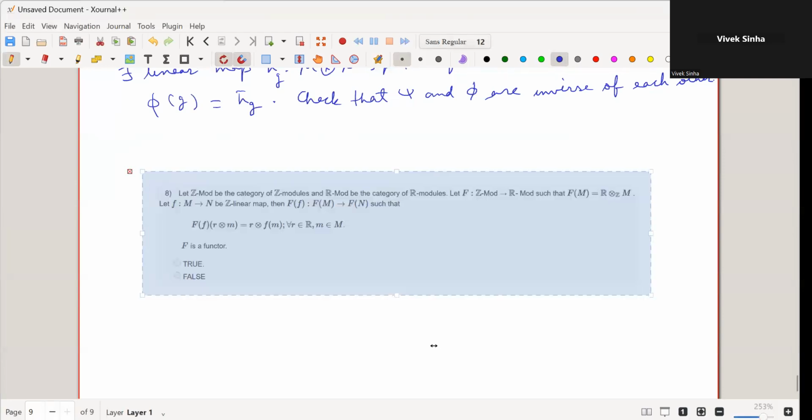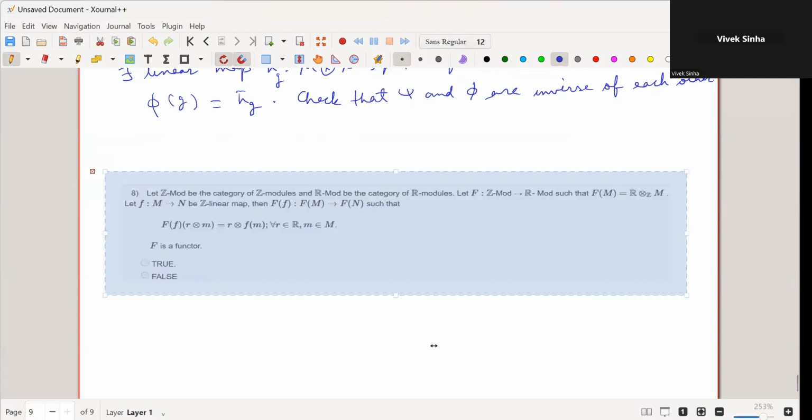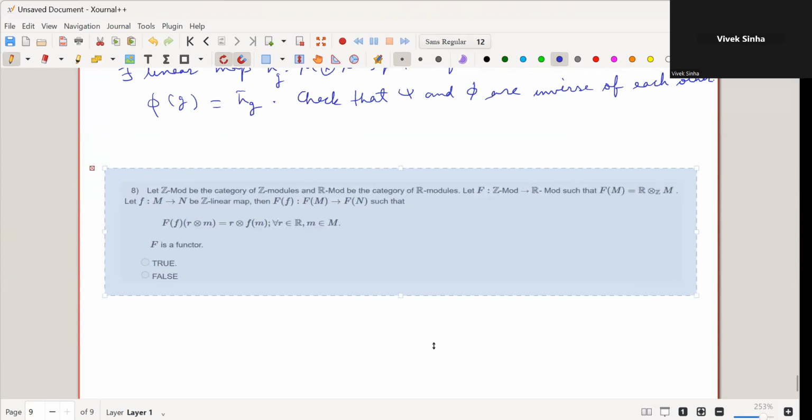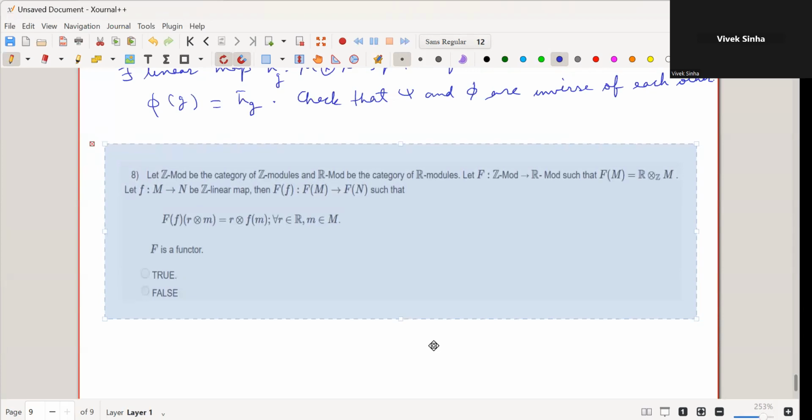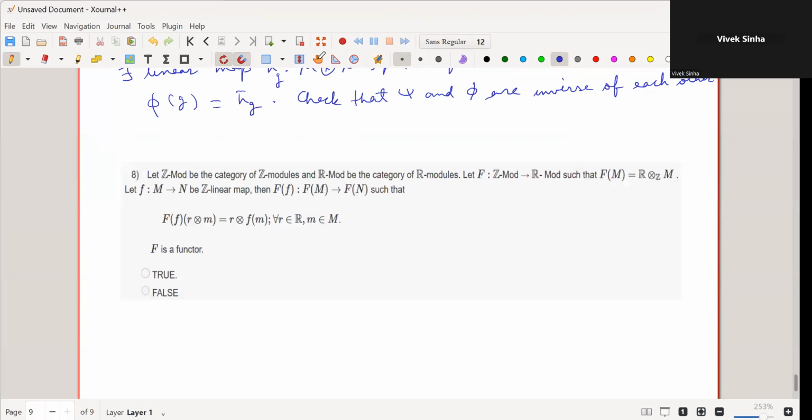So let me just analyze it a bit. Z mod is the category of Z modules, R mod the category of R modules.